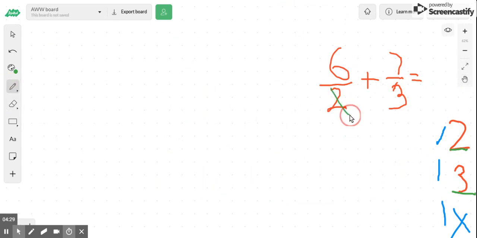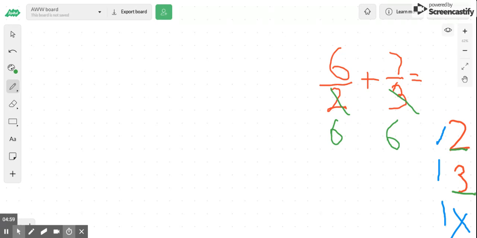You could just slash this out and put 6 and 6, but that's not how this works. Remember, whatever change you make to the denominator, you have to make the same change to your numerator. In order to turn 2 as the denominator into 6, you have to multiply it by 3.